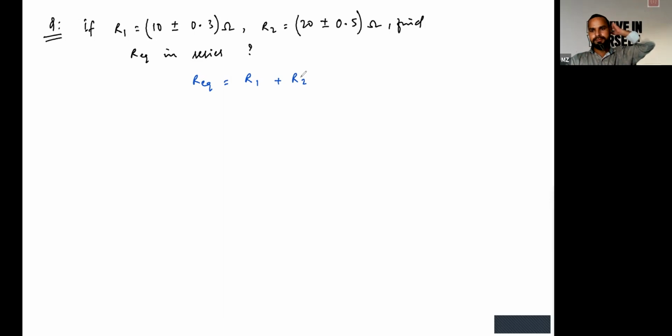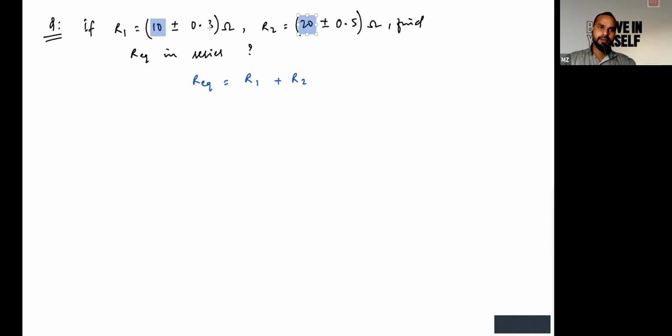Good, Ifra. And then just see this. We have 10 as true part of R1 and 20 as true part of R2.